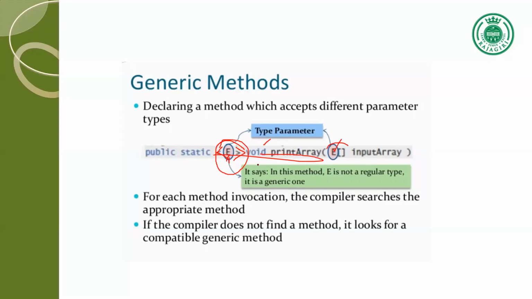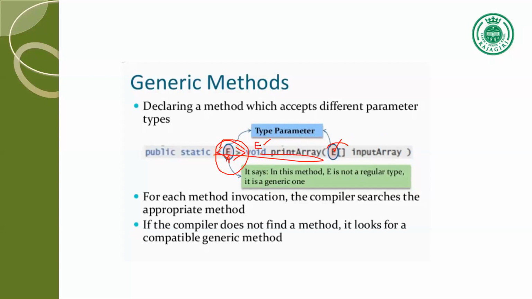You will have the type parameter just before your return type, in an angular bracket. And if you're passing a parameter, you will have that particular thing in the bracket. Now imagine you are returning that particular parameter, you will even have E over here.